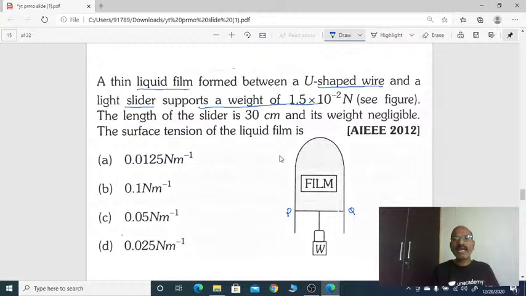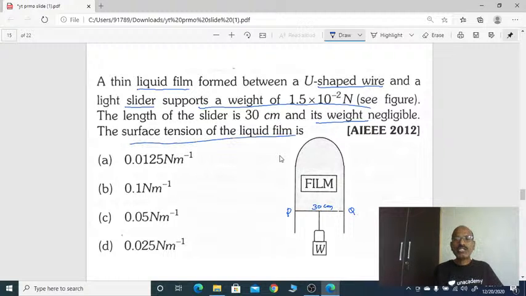The slider supports a weight of 1.5 into 10 power minus 2 Newton. The length of the slider is 30 centimeter. The slider can slide over the U-shaped wire and its weight is negligible.